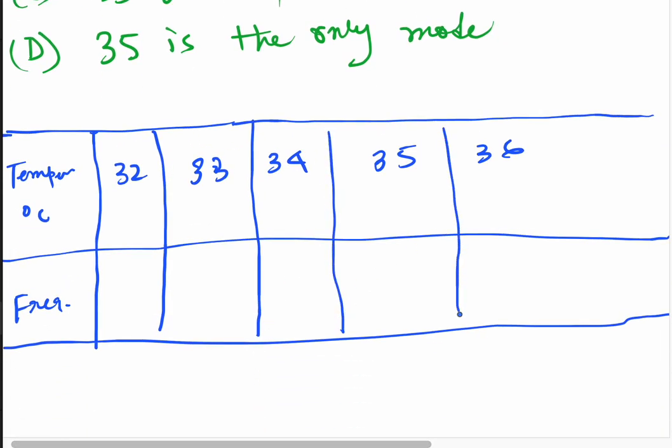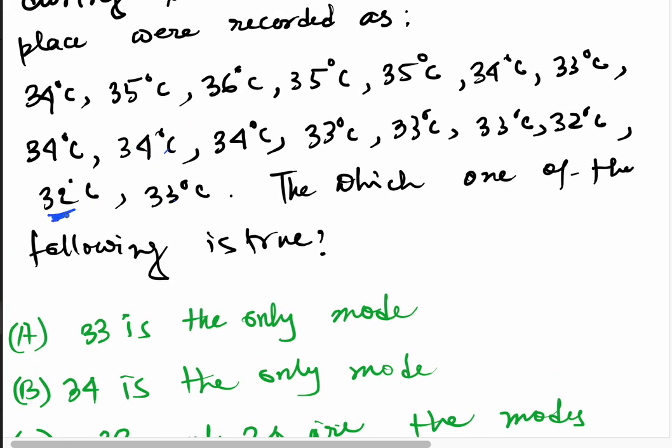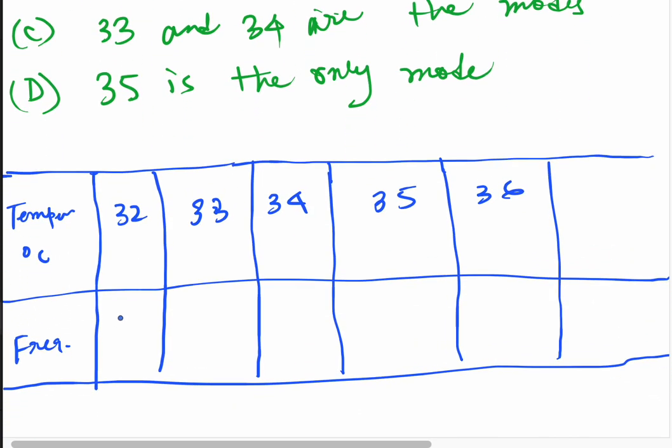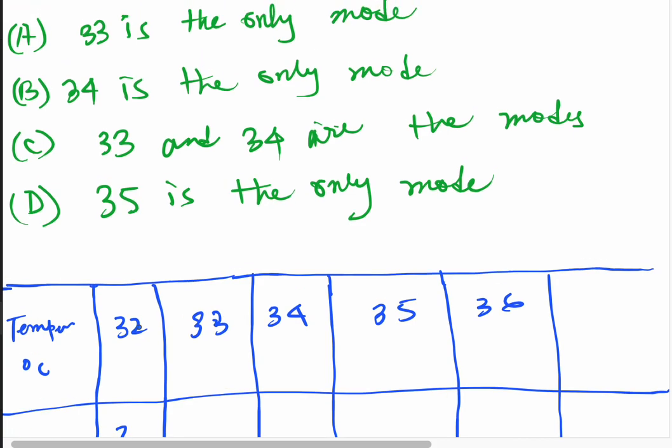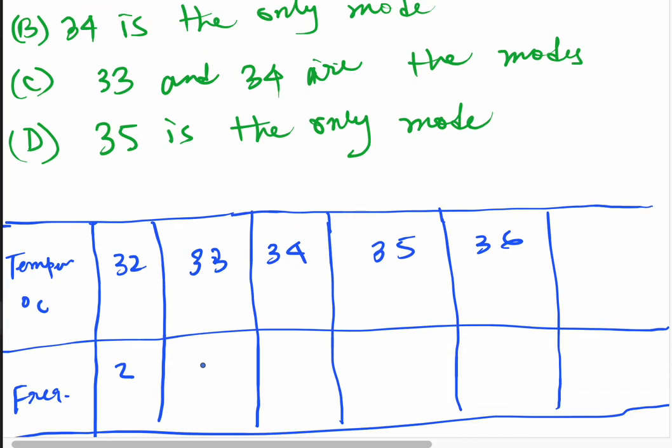How many 32s are there? There are 2. Let's see how many 33s are there: 1, 2, 3, 4, 5. So 5 33s are there.